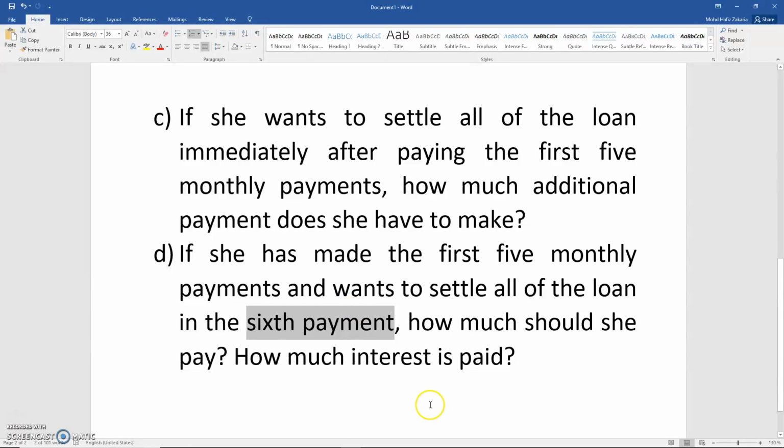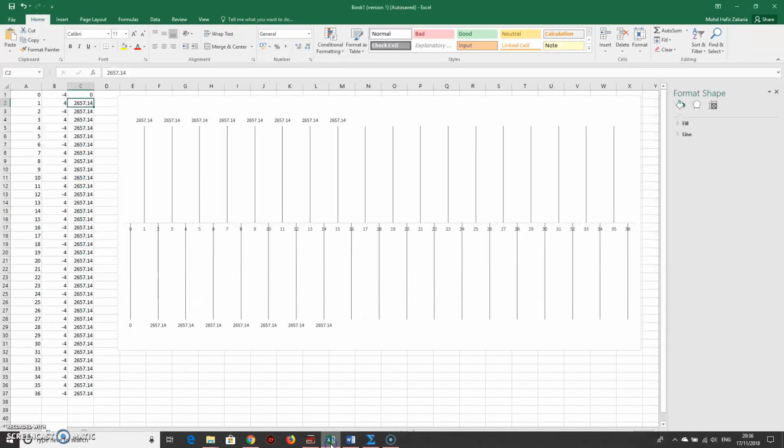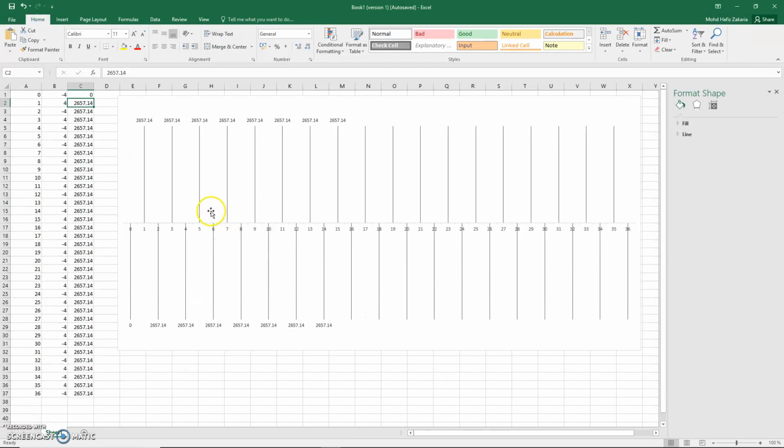Okay, the sixth payment. To calculate D, let's look back at the timeline. We know the settlement is to be made at this point, meaning the sixth payment needs to be made exactly as it is, which is 2657.14, but the discounting value will be calculated starting from the seventh payment because it is still not there.